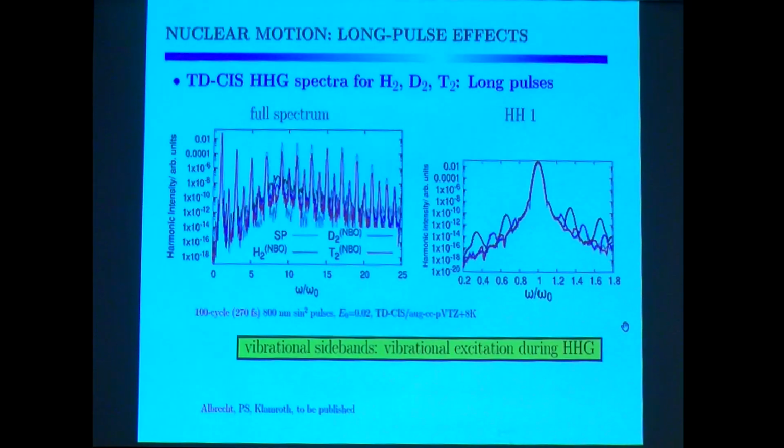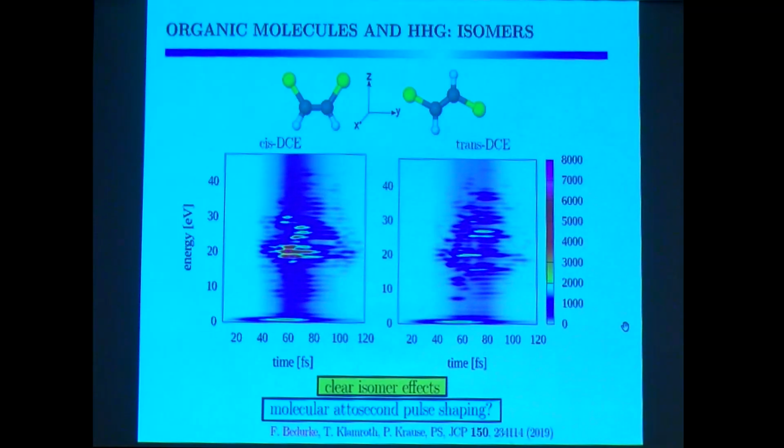Well, these methods are not restricted to such small molecules. In fact, we studied some years ago also bigger molecules, organic molecules, even much bigger than those shown here. And you can calculate high harmonic spectra for different isomers of organic molecules, for example.